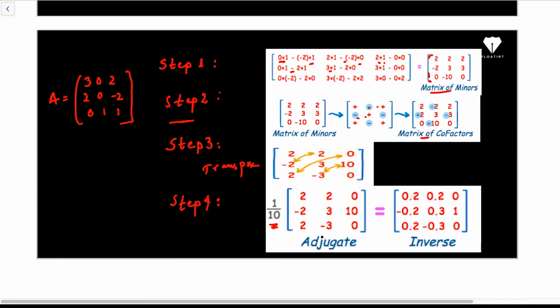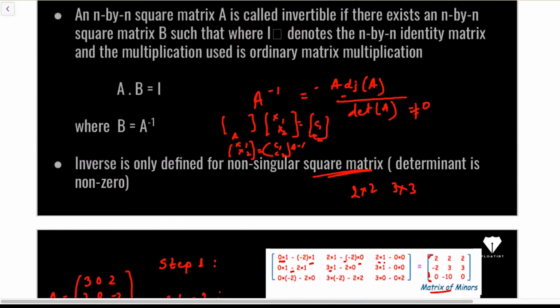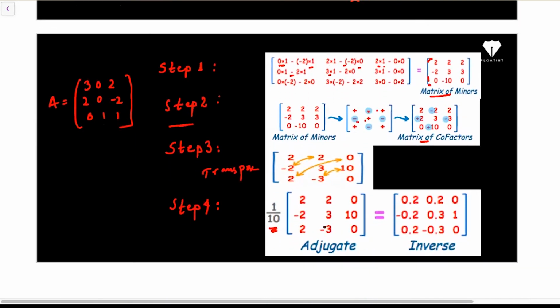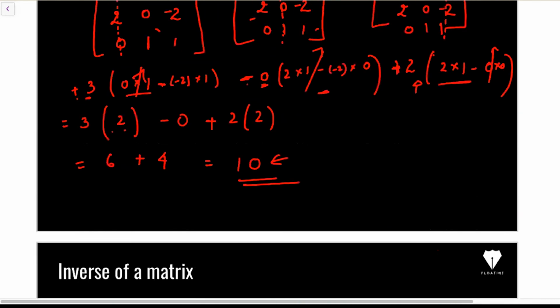So here I wrote adjoint of A over determinant of A. The matrix we get after the transpose is basically the adjoint, and when we divide it by the determinant, it gives us the inverse. All right, these are the steps of calculating the inverse of a matrix.